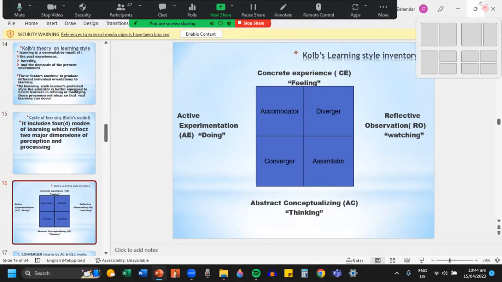Under this, next we have reflective observation or watching. Meron din po tayong abstract conceptualization or thinking, and active experimentation or doing. So, nandito yung accommodator, diverger, converger, and assimilator. So, we're going to go into detail for each one on the next slides.